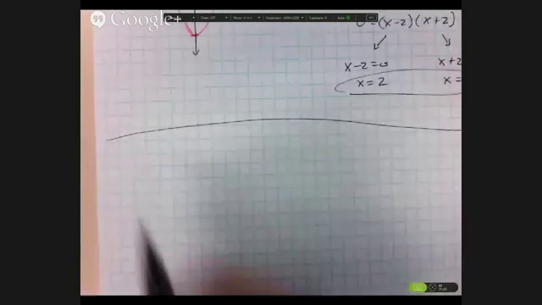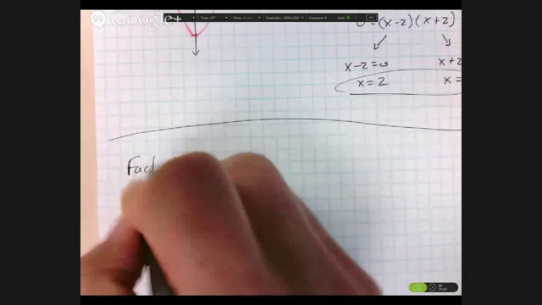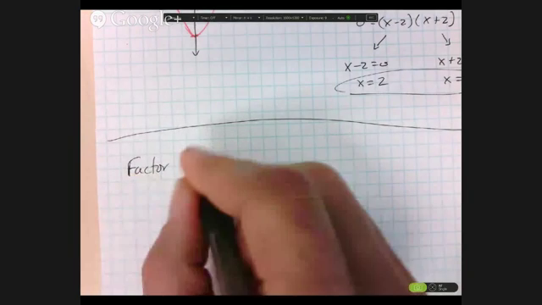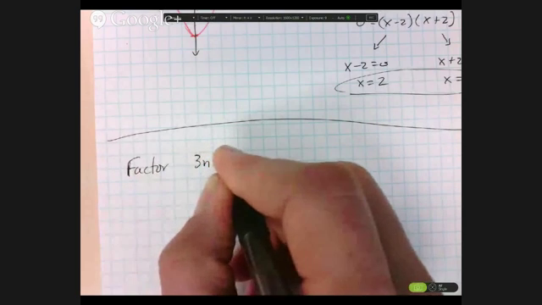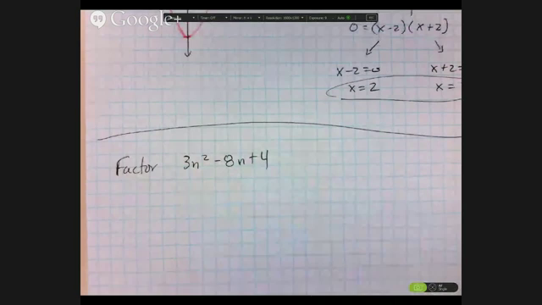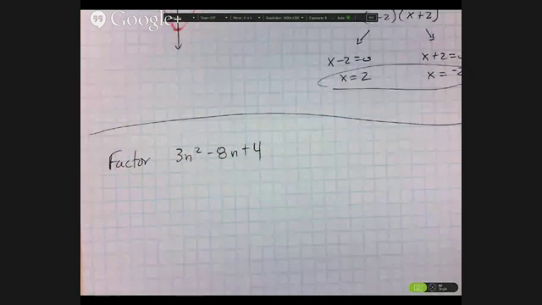Okay, the question is, how would I factor something like this? This one's not groupable. It only has 3 terms.